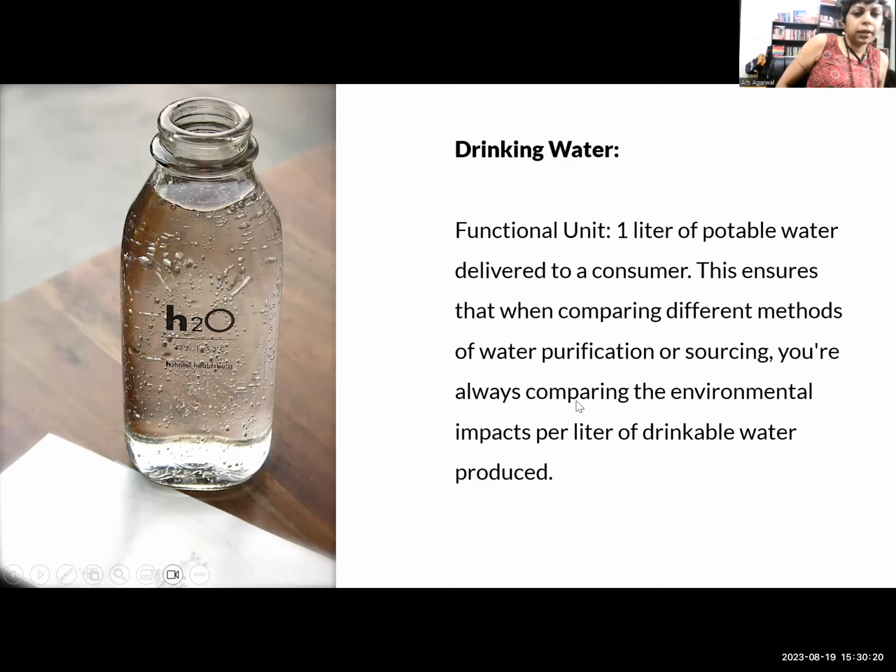Now, for example, like I was giving the example of drinking water. In drinking water, we can think of per bottle or per item. But what happens if I don't give people a bottle at all, like in a conference? I just ask them to bring their own water bottles.